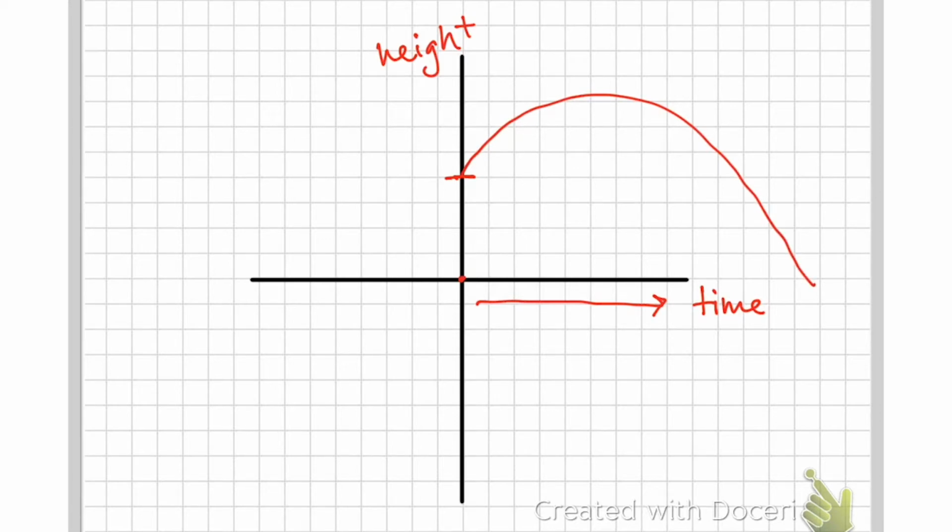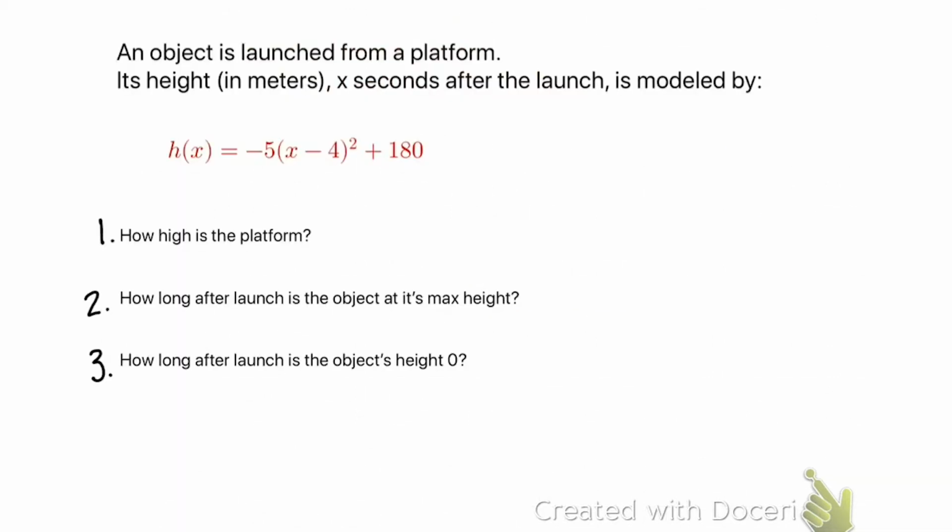I don't know exactly what it's going to look like, but when you shoot something off, over time it goes up, then it has to come back down. So I need to know how high the platform is, so I want to know what the height is when x is 0. So I want to figure out, what is h of 0?